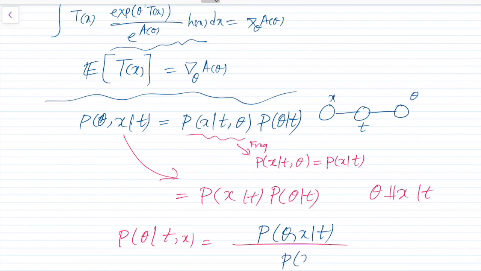This is Bayes rule so far, I haven't done anything else. We know from the frequentist point of view that these terms equal this term, and these two cancel out. You get p(theta given t), which is the other way. So these are consistent.